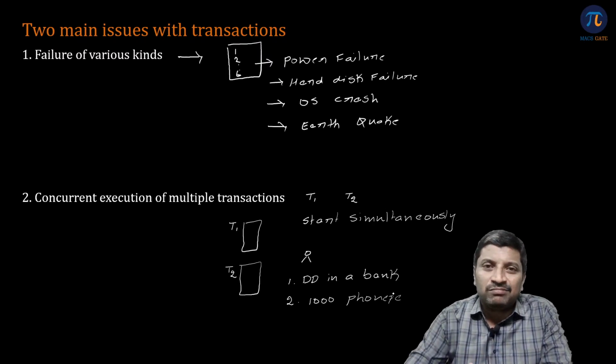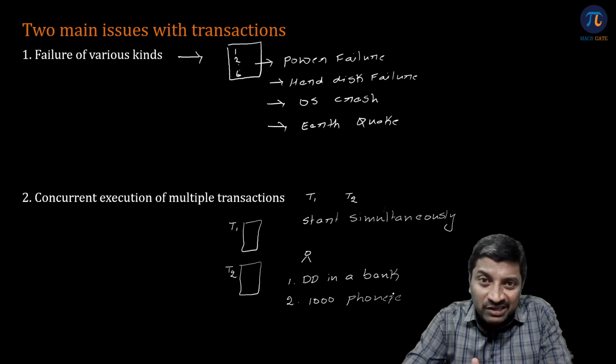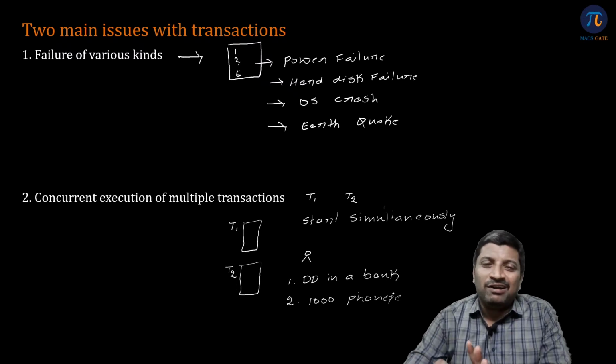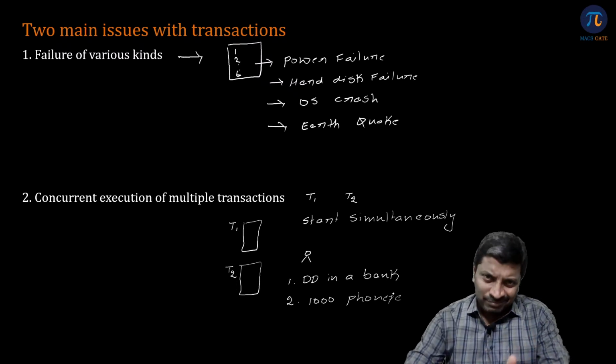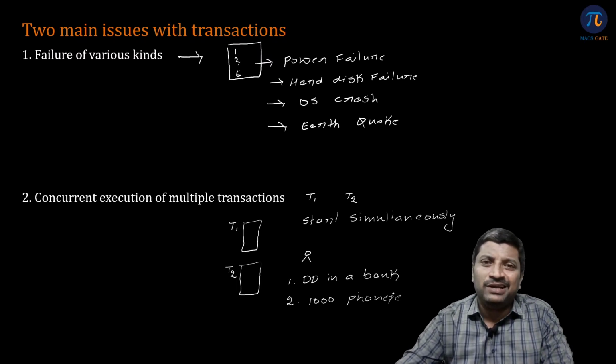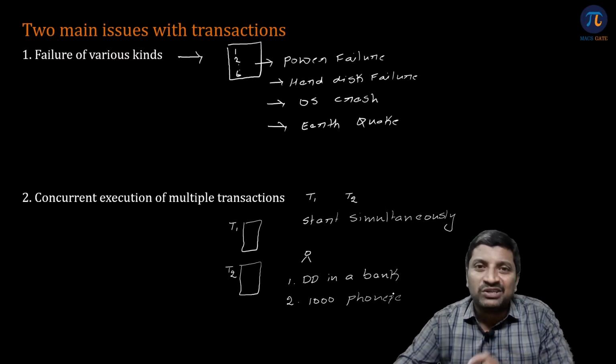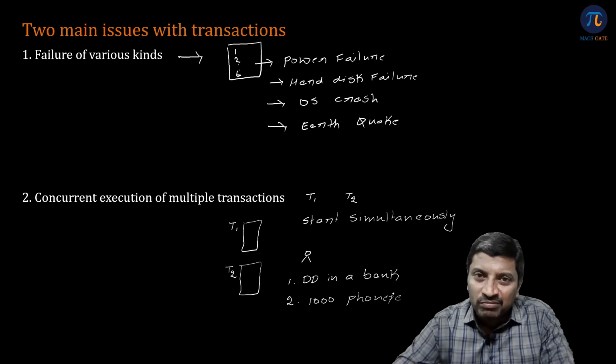Will you wait to transfer 1,000 rupees till the completion of taking the DD, sir? No. Always people try to transfer 1,000 rupees with one hand and write the DD form with the other hand. So they want to do the transactions simultaneously. Why? To save time, because people don't have time.